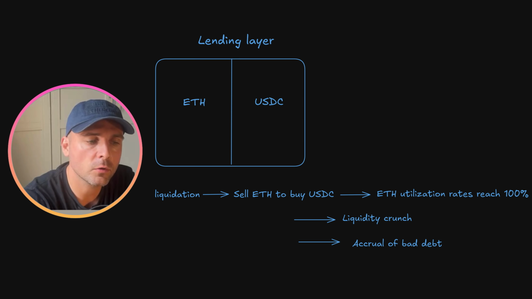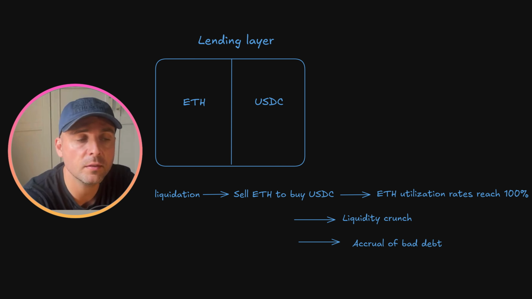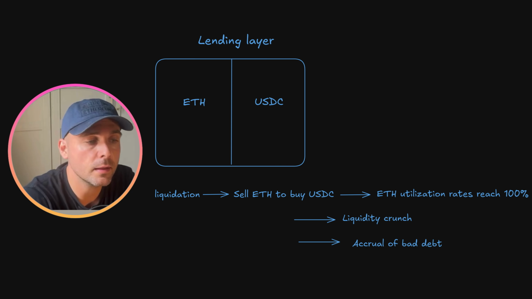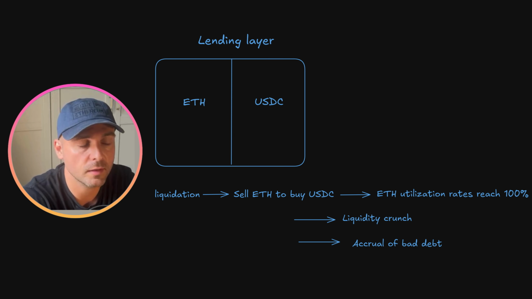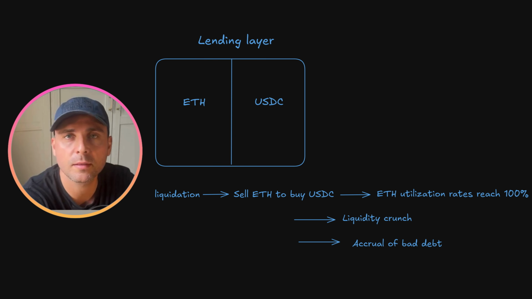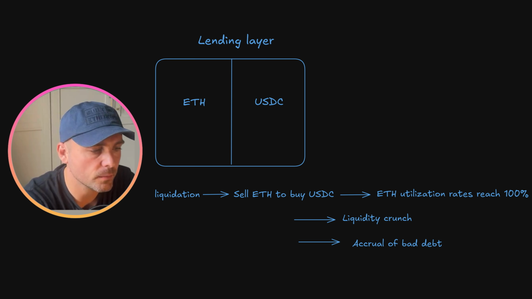And this is what is referred to as a liquidity crunch and leads to the accrual of bad debt. Because if ETH continues to crash, well, then the liability side is higher than the collateral side of this lending protocol. Now, interestingly, it turns out that Fluid DEX directly counters this token flow that the lending layer witnesses during liquidations. Let's look at an example.